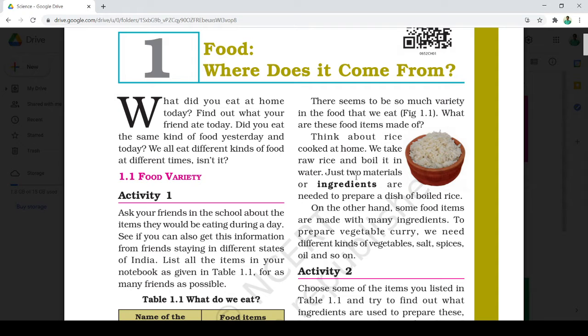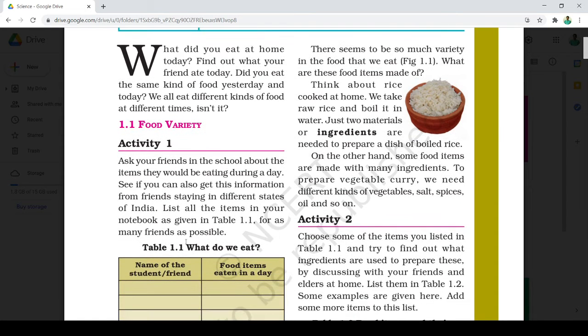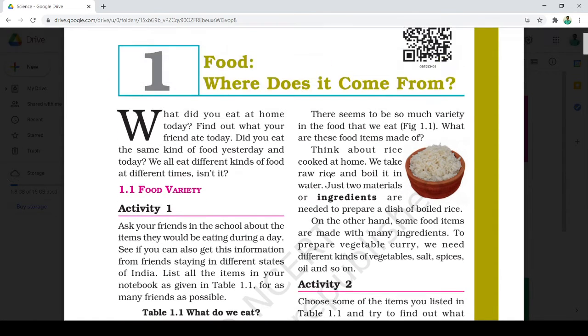So, from the food which we have listed in table 1.1, we can see that there is so much variety of food that we eat every day. What are they made up of? Now just imagine rice cooked at home. We take some raw rice and some water and boil it. Just two materials, right?